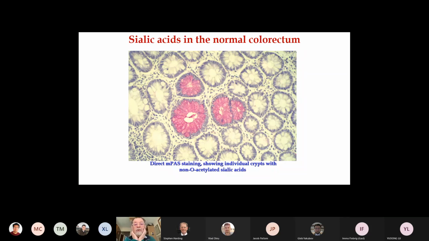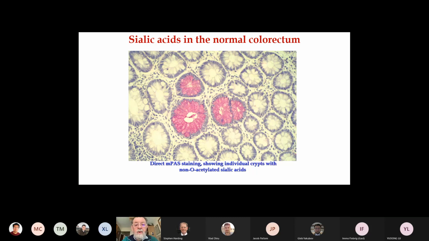If we do a direct stain using the periodic acid stain, we don't stain up all of the goblet cells. The reason for that is that the sialic acids in the mucus glycoproteins are acetylated on their 7 to 9 tail.